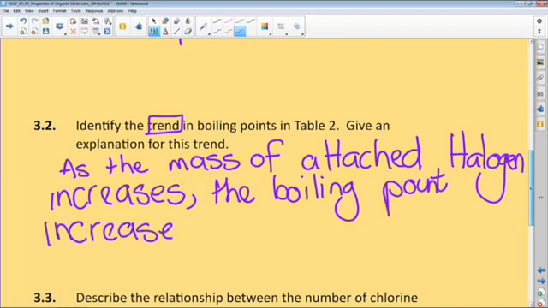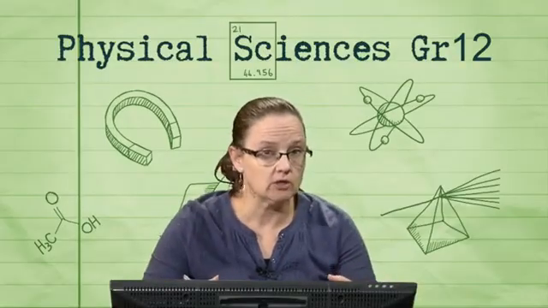Now, they want to know why. Okay? These are all haloalkanes. They are all polar molecules, so they have dipole-dipole forces. Okay?